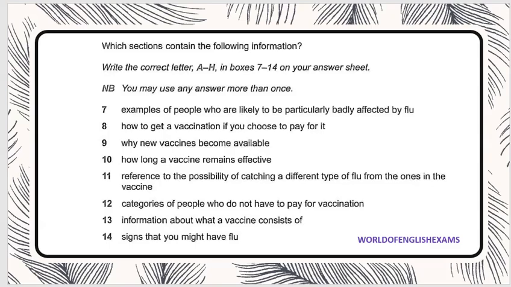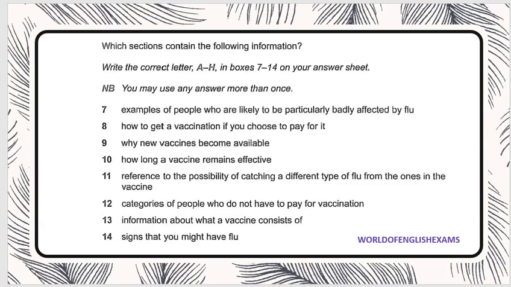Now, the 7th question: examples of people who are likely to be particularly badly affected by flu. Let's understand what this sentence means. Let's phrase the question: examples of people. Oh, so that means the paragraph must contain some examples of certain categories of people who are likely to be, meaning there is a risk or chance of being, particularly badly affected by flu.